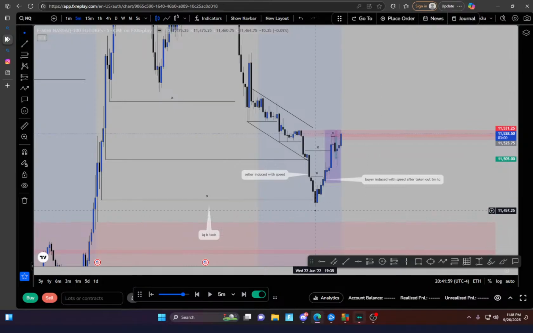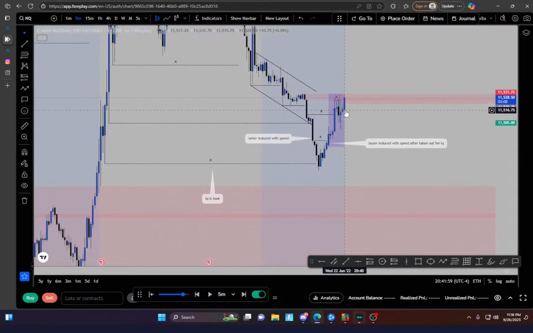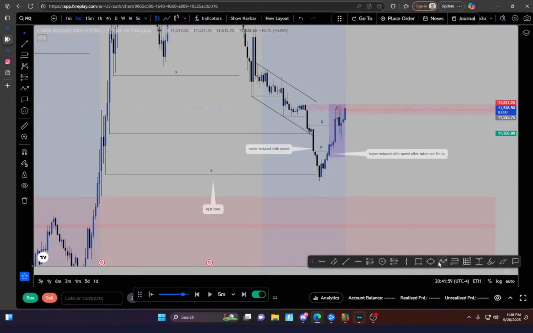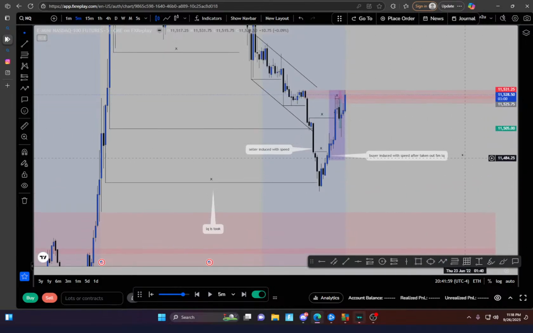My thing was, I just wanted to see this liquidity get taken out, and after we take out that liquidity, possibly continue down. Possibly continue down. Not the best, but still worked out. Sell side taken, and then I saw we had this 5 minute.